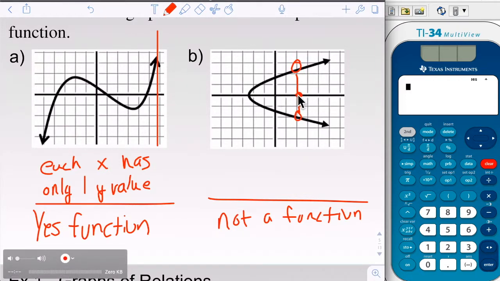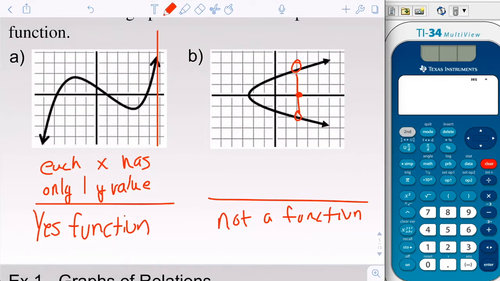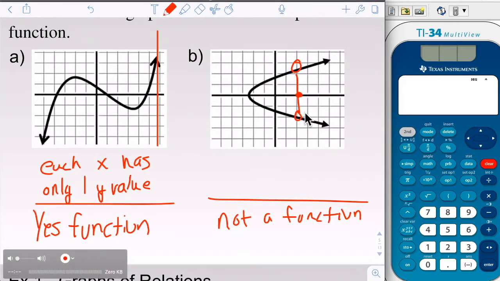An x value of 2 has a y value of, we're going to estimate, say, 2.1 and -2. So this x value right here has two different y values. Right now, we can say this is not a function.